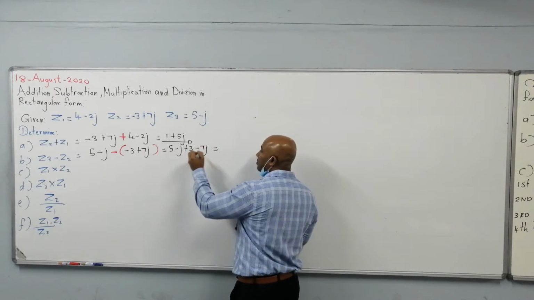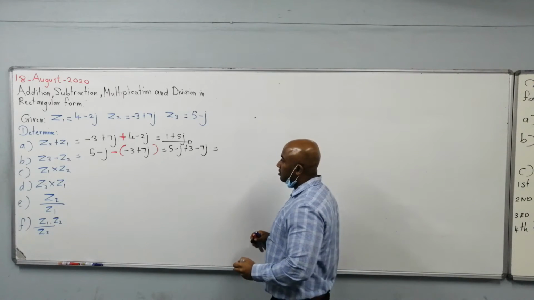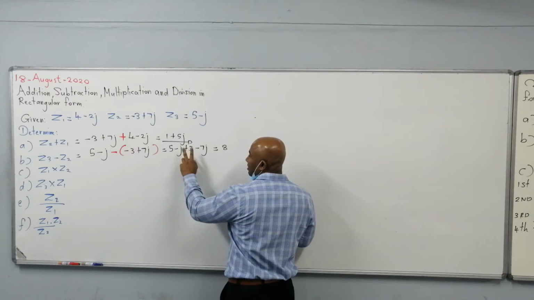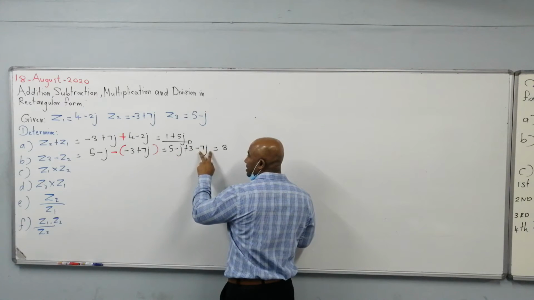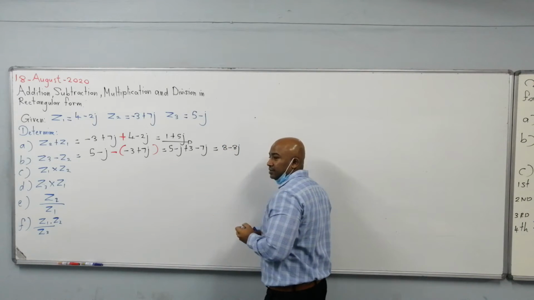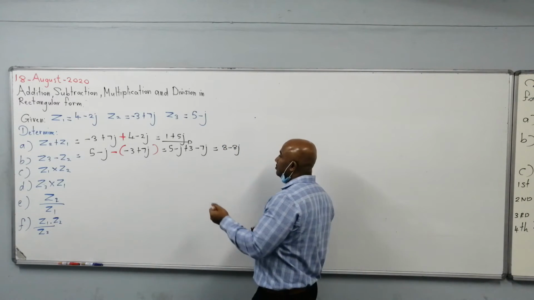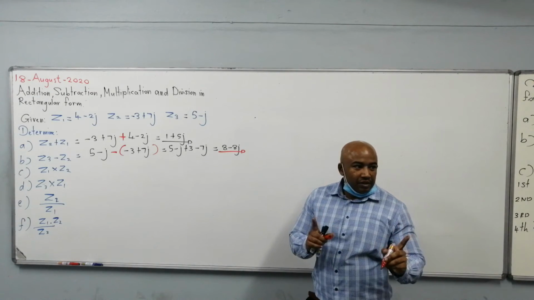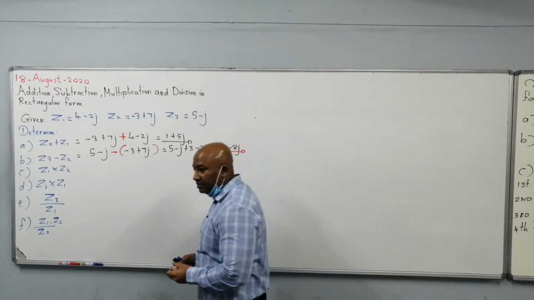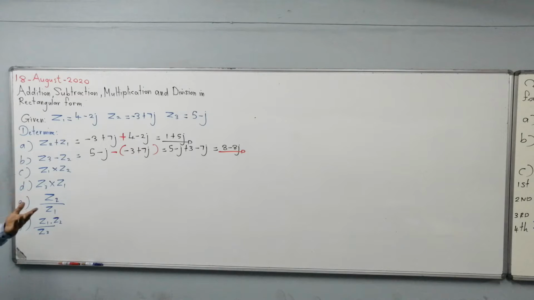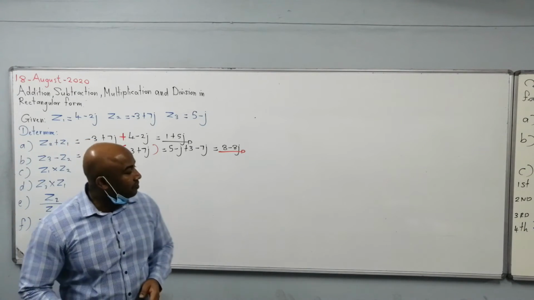So therefore, this is now equal to 5 plus 3, which is 8, minus 1 minus 7 is minus 8j. Alright, so be careful with the negative sign. Always introduce brackets.